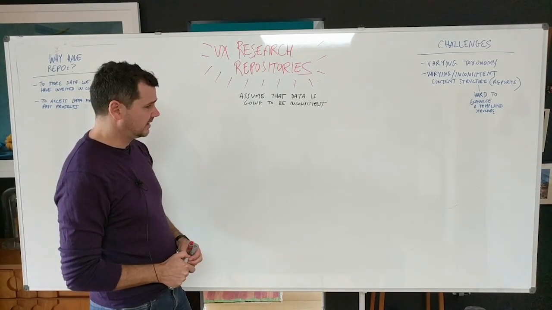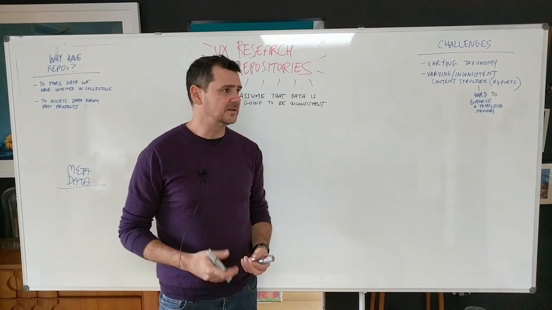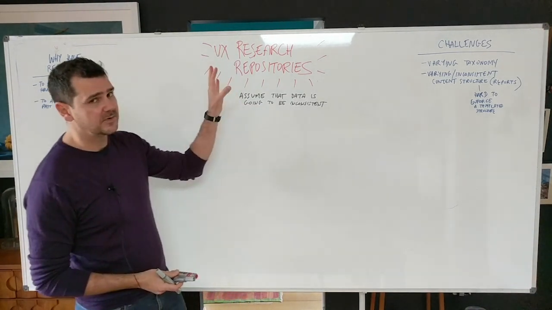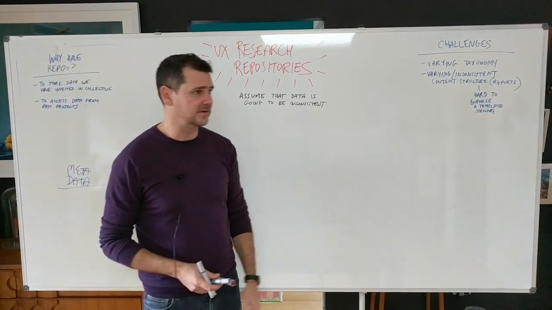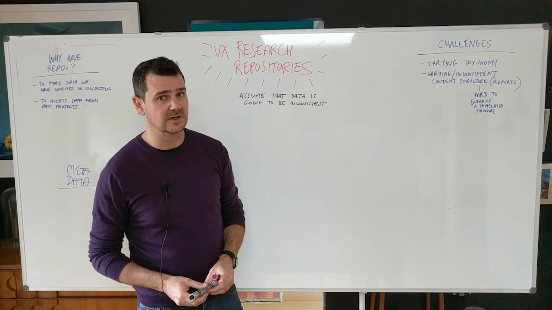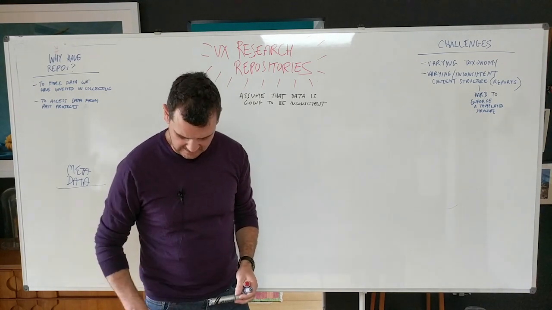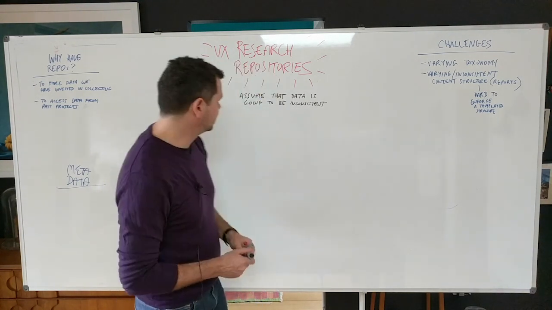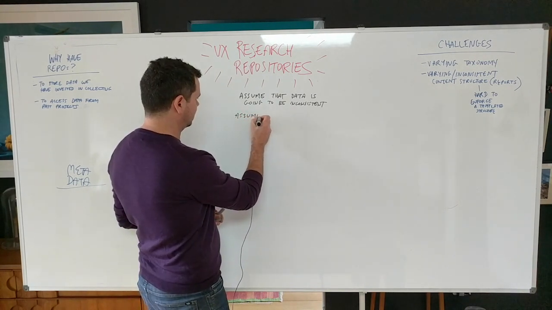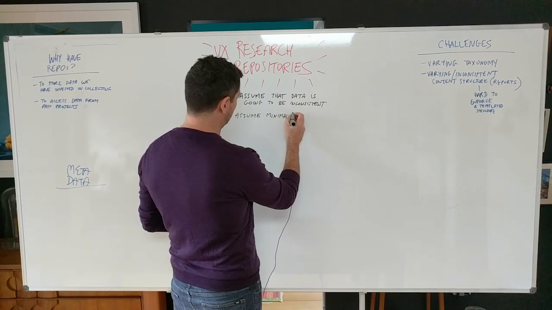But if the number of metadata fields you need to input when you're chucking your stuff into this repository is large, or they're in any way confusing, chances are your researcher's not going to do a very good job of putting that information in. So I would assume minimal to none.